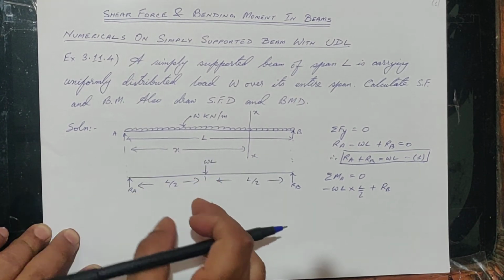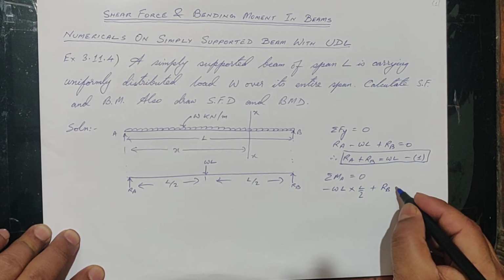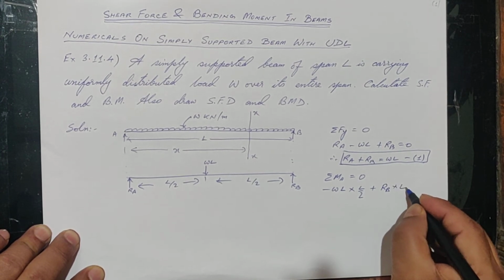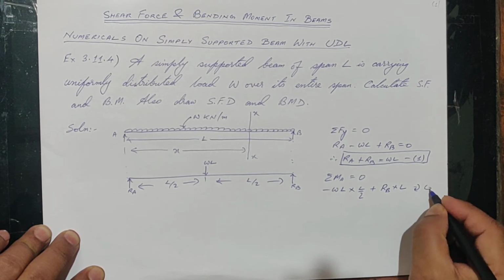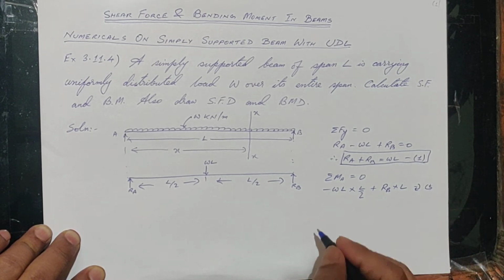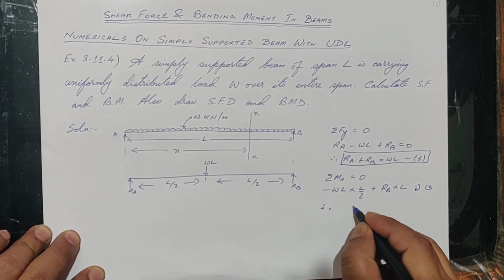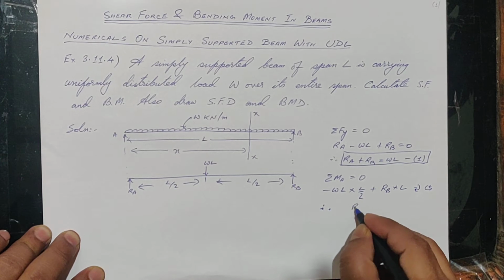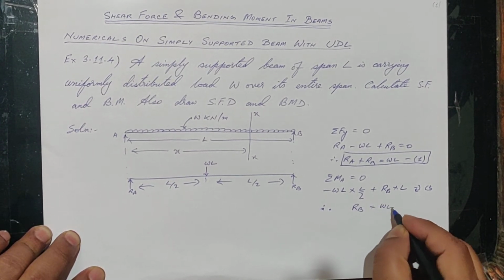Here what we have taken is clockwise as negative and anti-clockwise as positive. So therefore RB could be written as WL by 2.